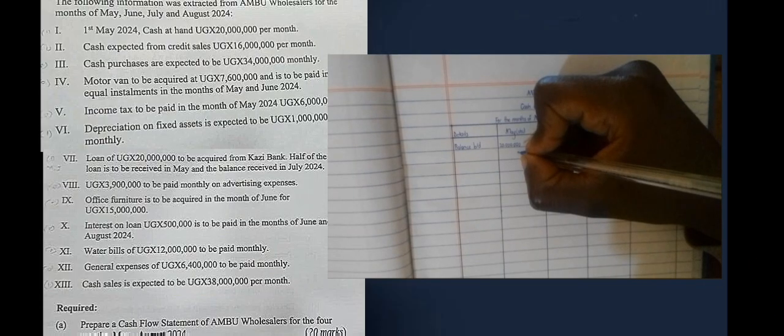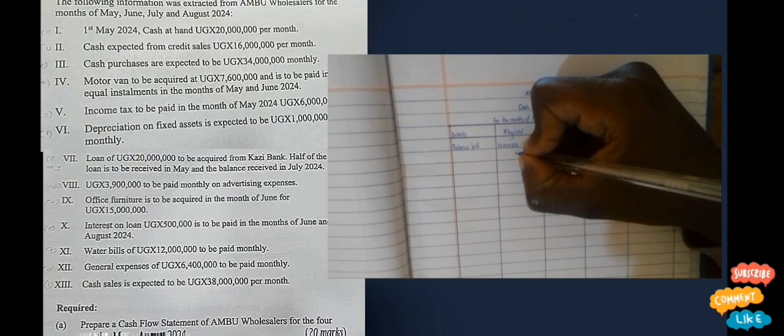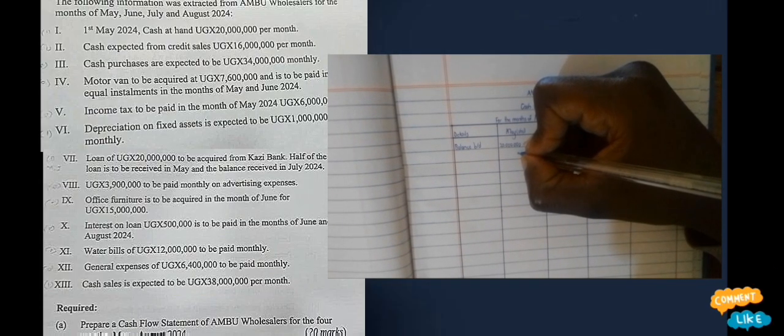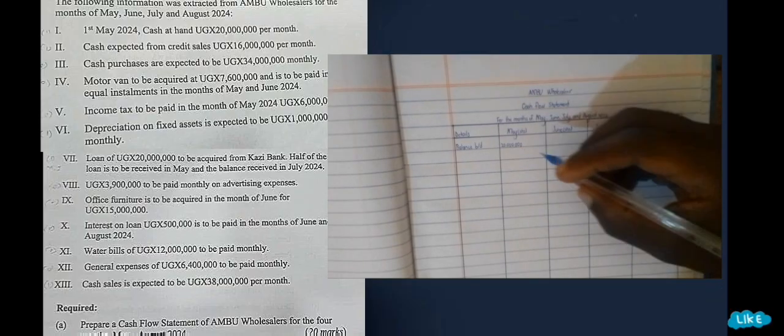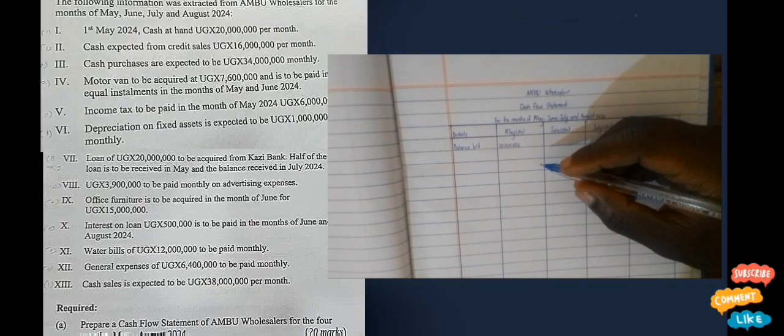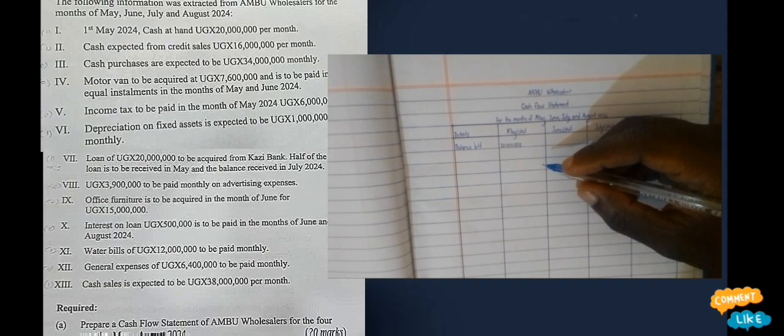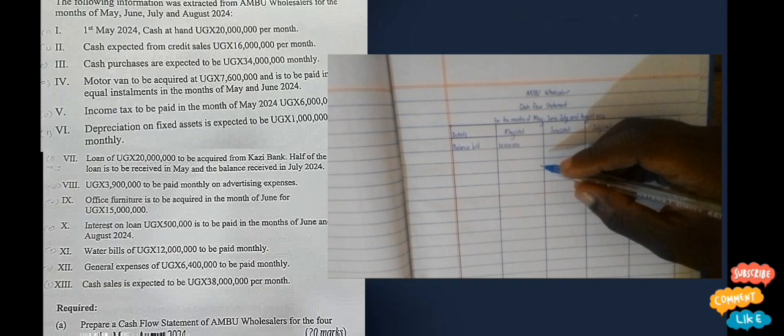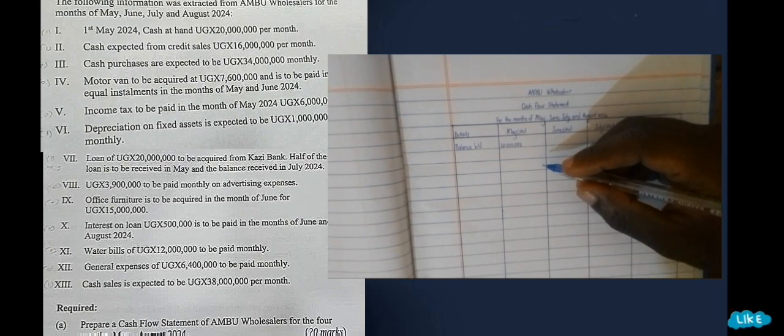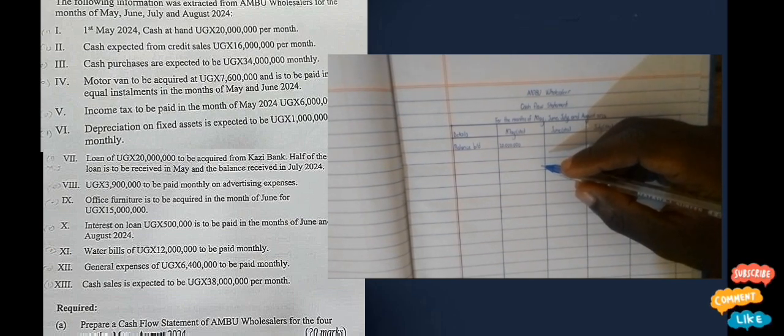So for the first part of the cash flow statement, we're going to have a part for cash inflows. We are going to first record all the cash inflows for May and the other months. So the first cash inflow is cash expected from credit sales, 16 million Ugandan shillings per month.